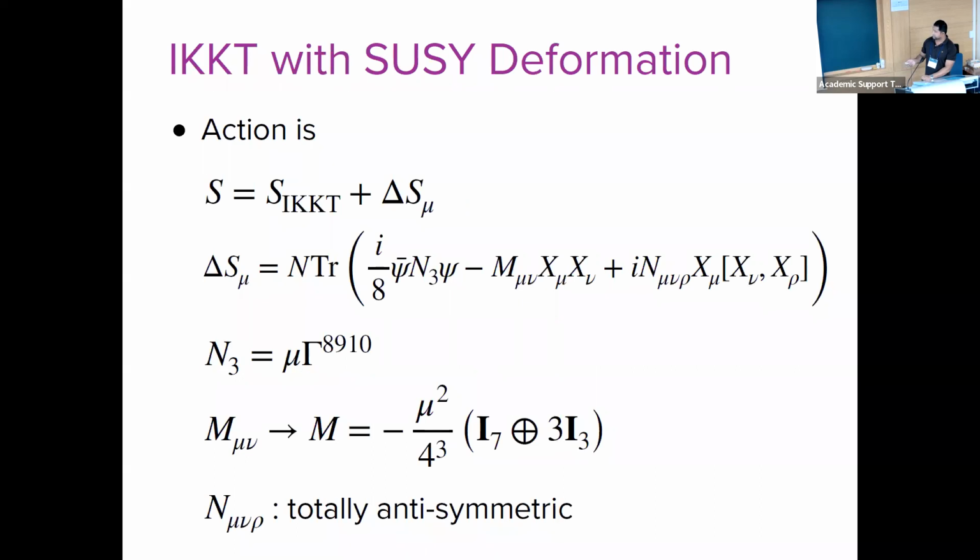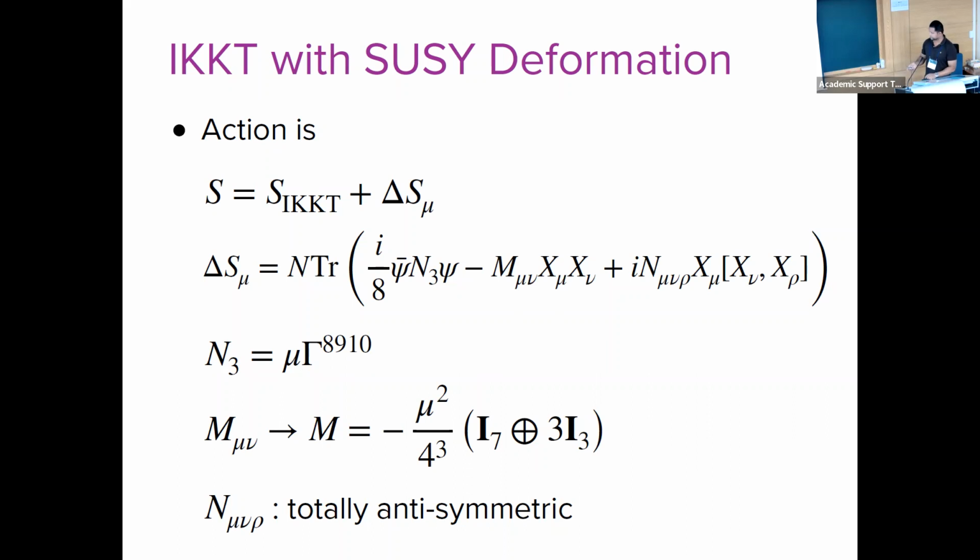That type of deformation will have three terms. The first two are Gaussian type deformations, and the third is like a Myers type deformation. These are the structures, how they should look so that supersymmetry is preserved.